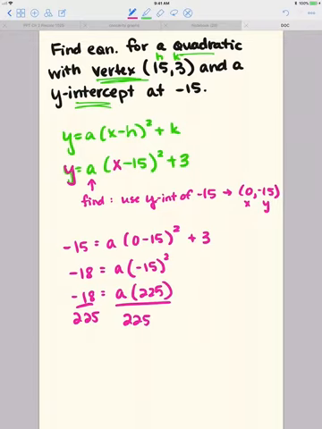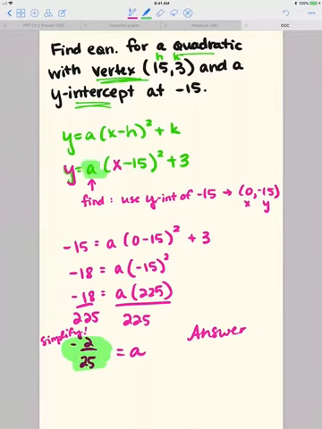If I do negative 18 over 225, yeah, I get negative 2 over 25 is my a value. Again, you need to simplify if you can. Don't give a decimal. So our final equation, because we found our a value, that was what we were trying to look for, the negative 2 over 25.